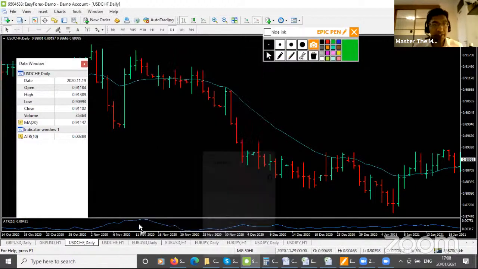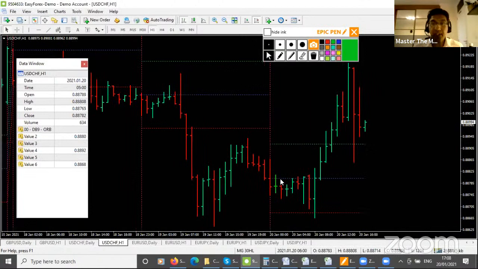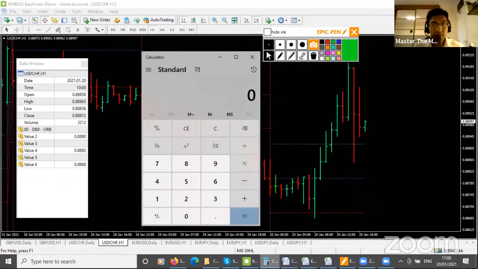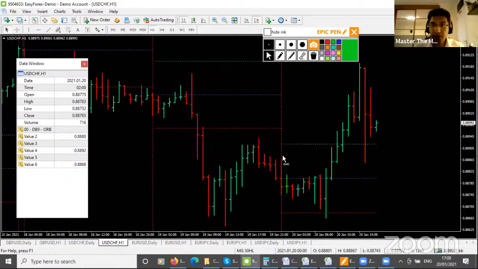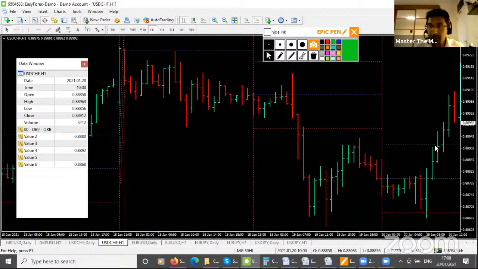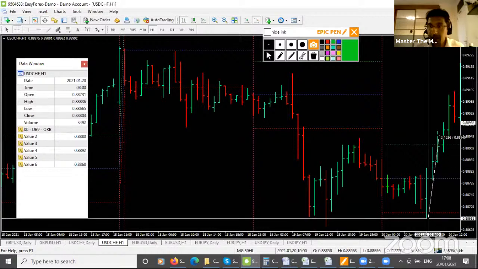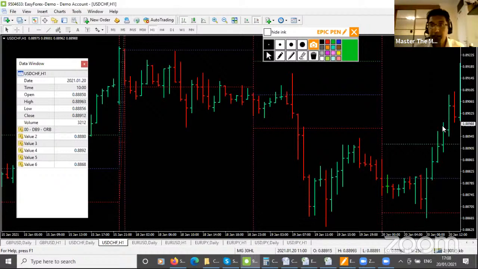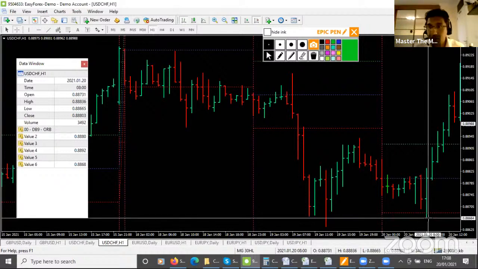Let's say you came in at this green line over here, and you can see that 35 is quite near to that green line. So 35 is about here.